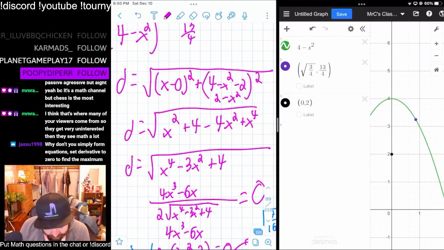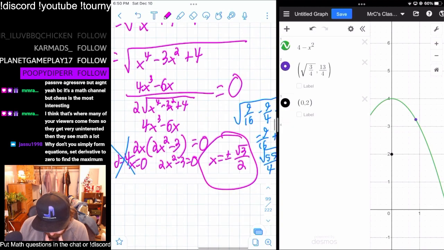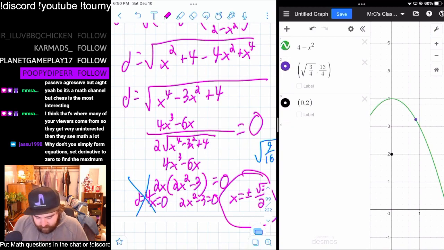I mean, look at that. That can't be a minimum distance. Is our distance equation wrong? 4x cubed minus 6x. No, 4x cubed minus 6x was pretty good for the top. And then, yeah, I factored out 2x. So that's why it's 2x squared minus 3.